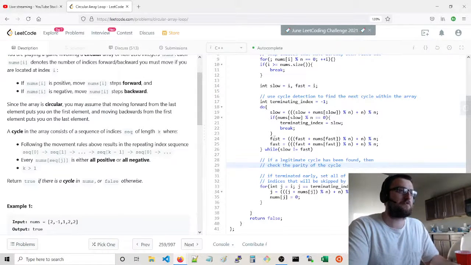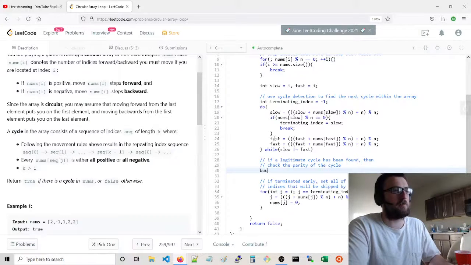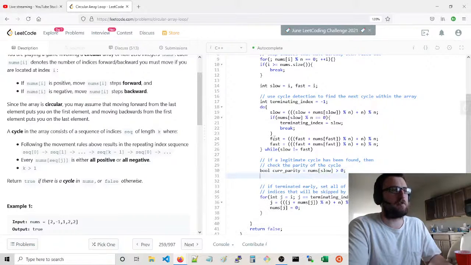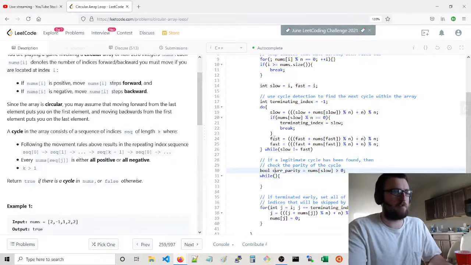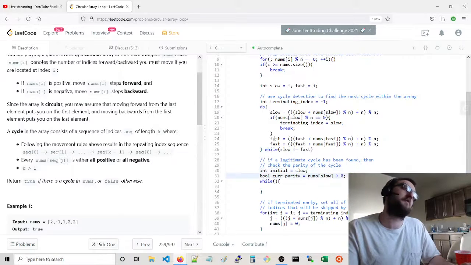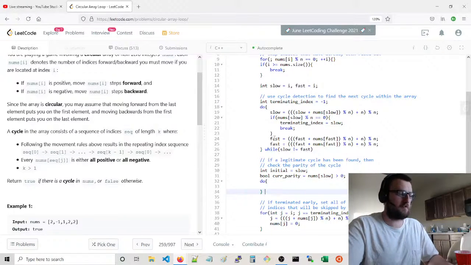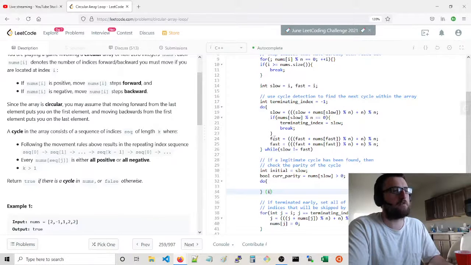So we check the parity of the cycle, which basically means we're going to set bool current parity to nums of slow greater than 0, and we're going to say int initial is slow, and then we're going to do a do while. Initial is not equal to slow.